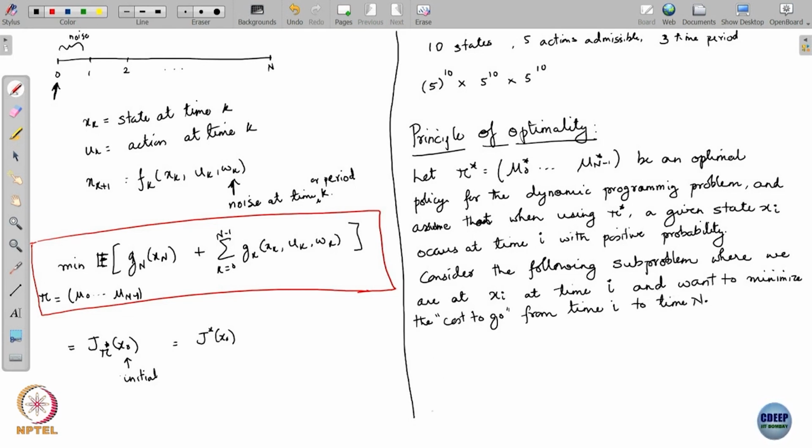So, consider this sub problem, as if your decision problem has actually started at state xi and at time I.